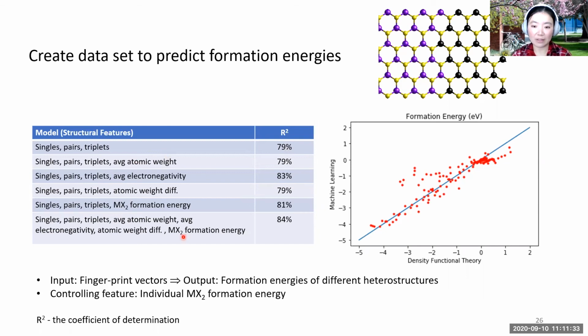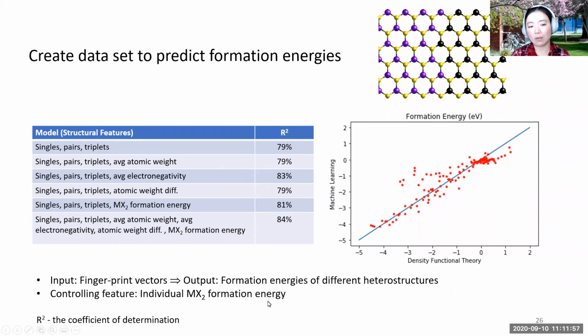The other very interesting thing we want to know is what the controlling features are, meaning which feature is the most important in controlling this formation energy. From the machine learning, we find that the individual composition formation energy is very important.